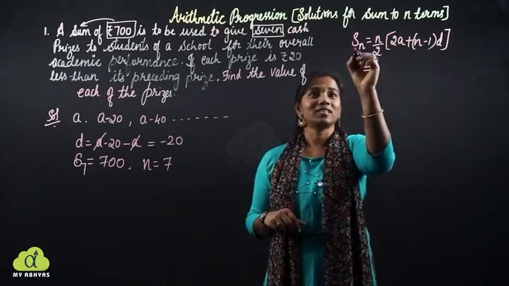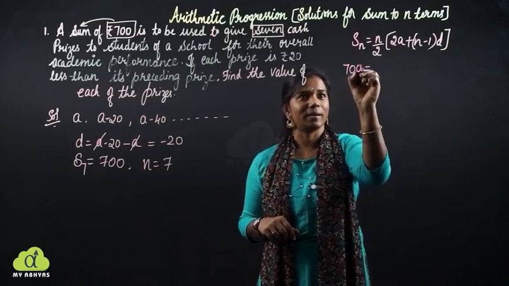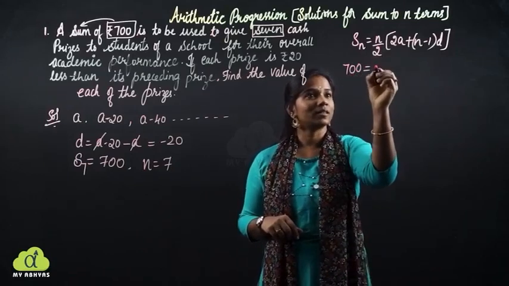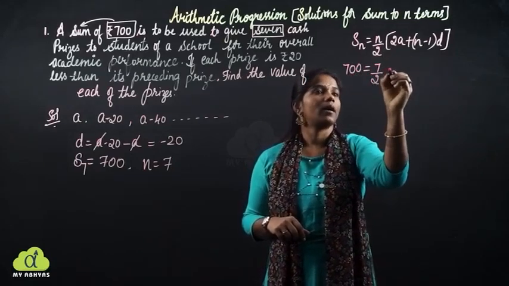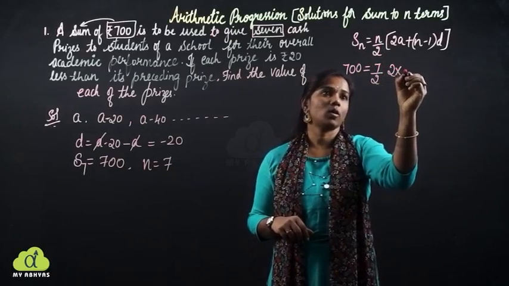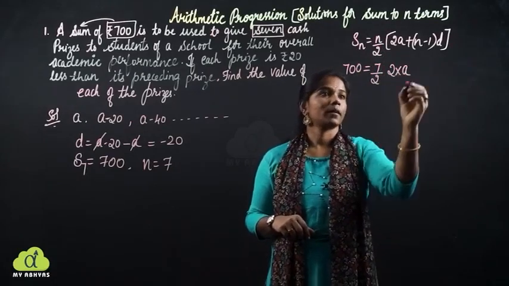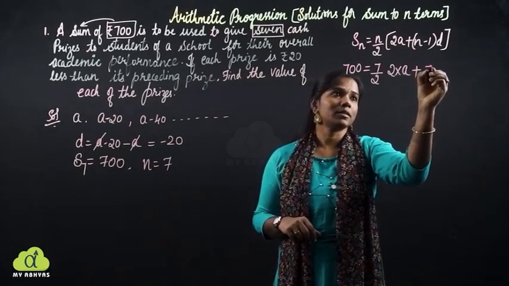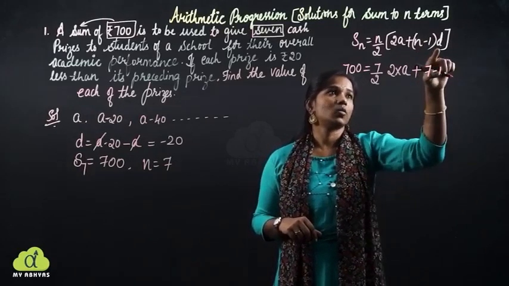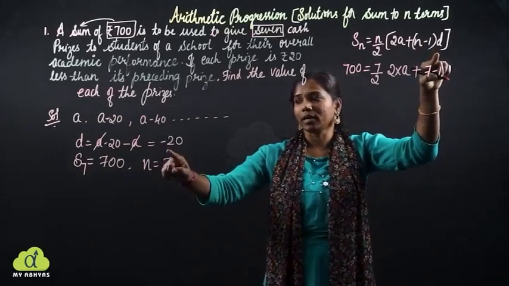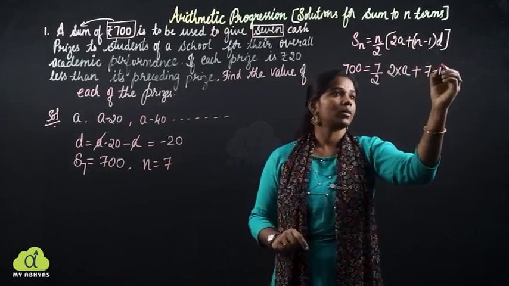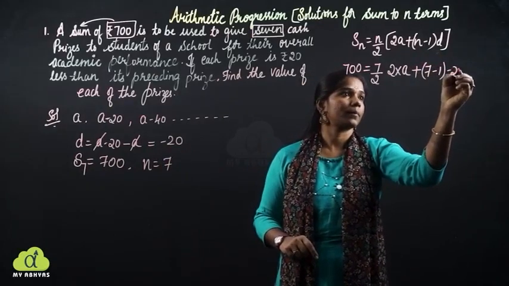Sn is equal to 700. Now n is 7, so 7 by 2, and 2a as it is, plus n minus 1, that is 7 minus 1. What is the value of d? We have got it as minus 20.